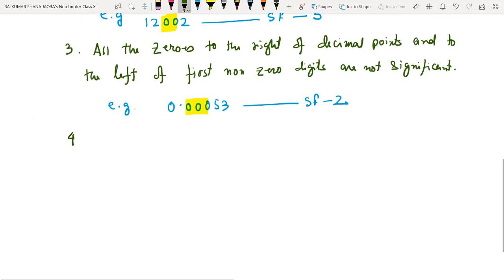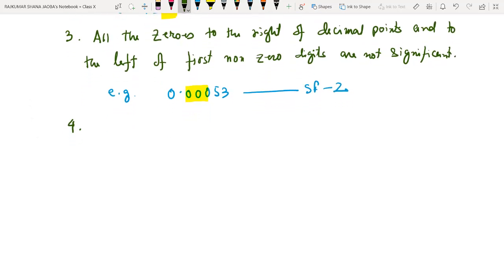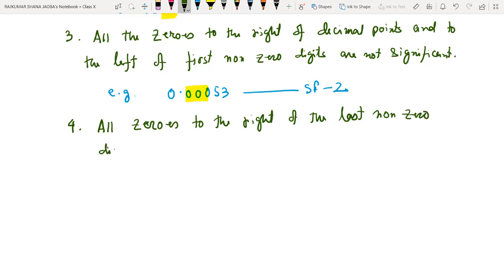And next point: all zeros to the right of the last non-zero digit are not significant.